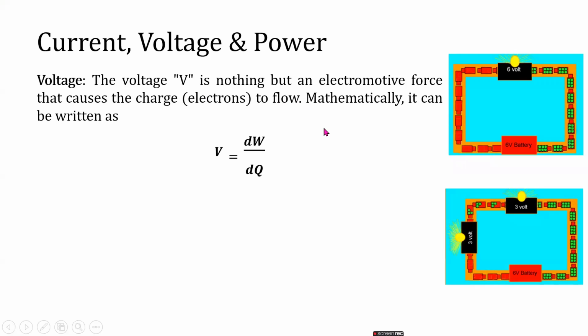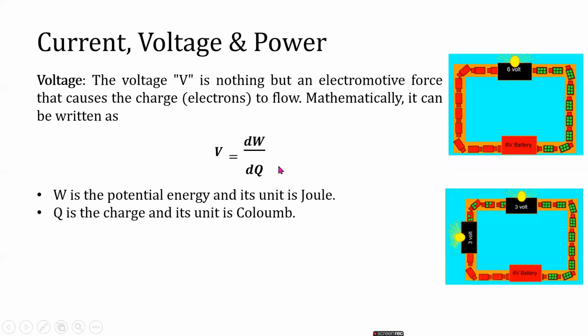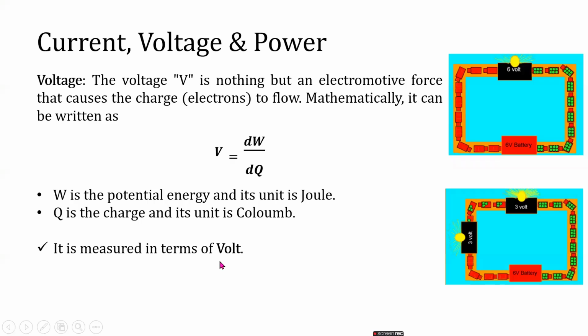Mathematically, it can be written as dW by dQ, where W is the potential energy and its unit is joule. Q is the charge and its unit is a coulomb. It is measured in terms of volt. Keep the point in your mind.